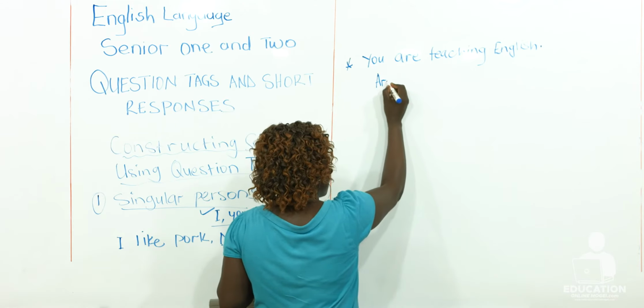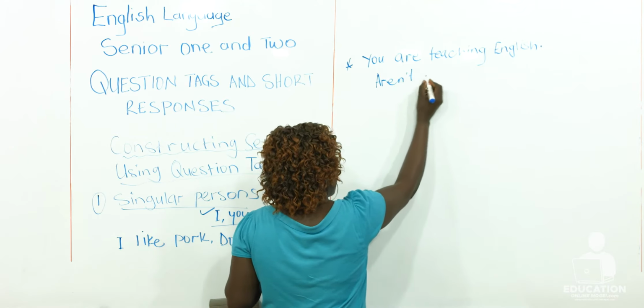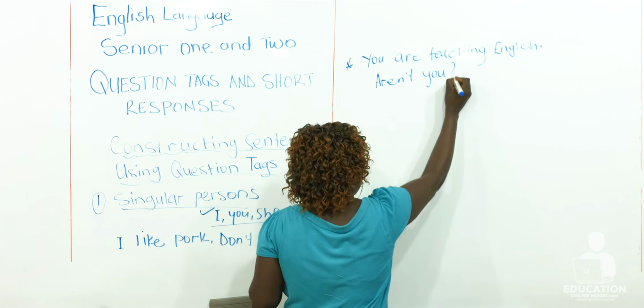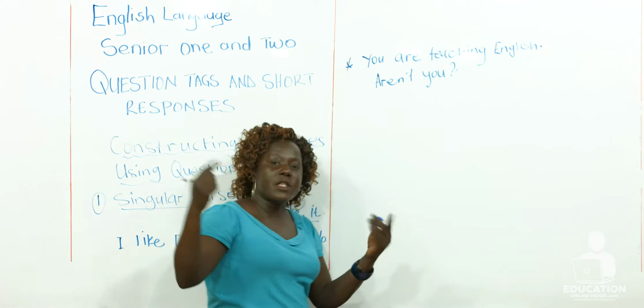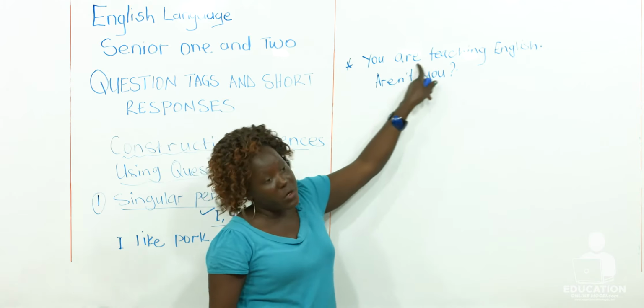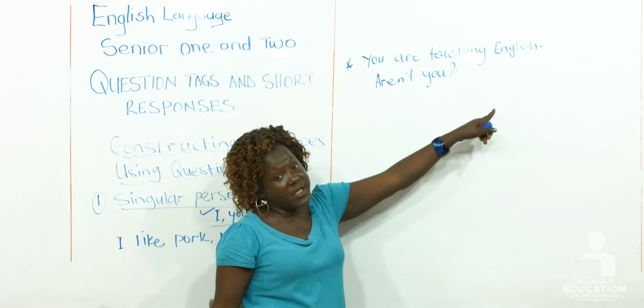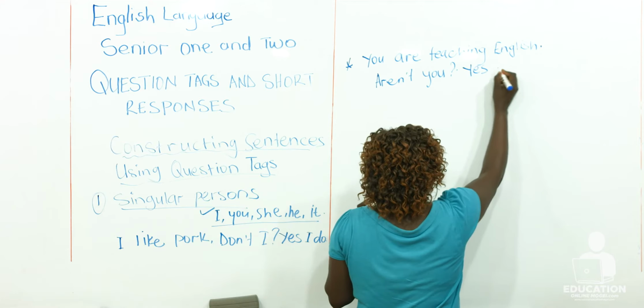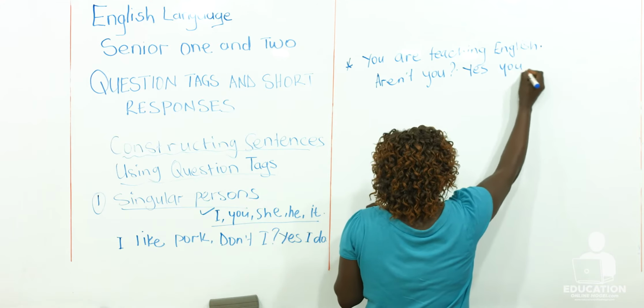Meaning, are you not? Aren't you? Are you not teaching English? Then our response is going to be borrowed from the beginning, which is positive in nature. So you will come and say, yes, you are.